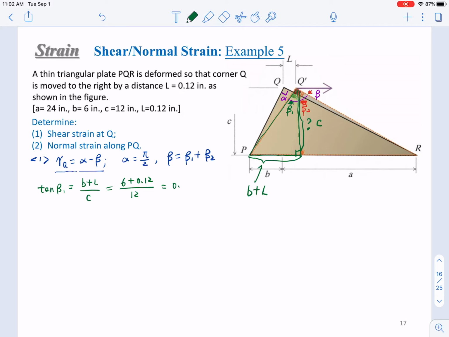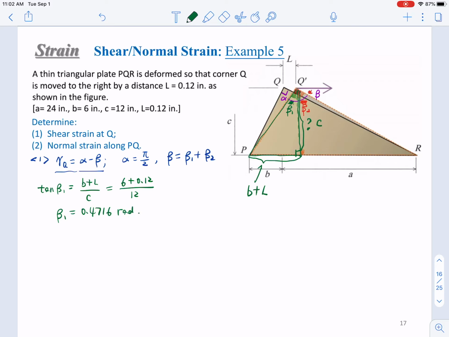From this equation, we can calculate that beta 1 equals 0.4716 radian.